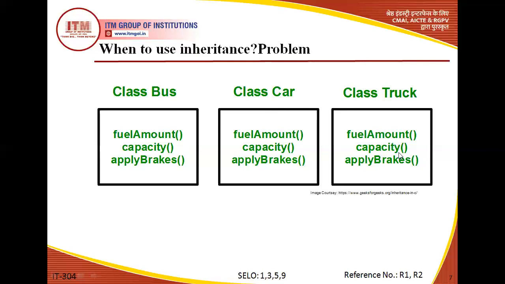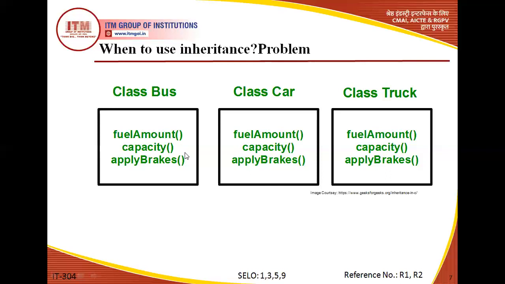If the properties are common in all these three classes, bus, car and truck, then what is the need of declaring the same thing again and again in your program, which does nothing but increase your code and create a mess in the program?